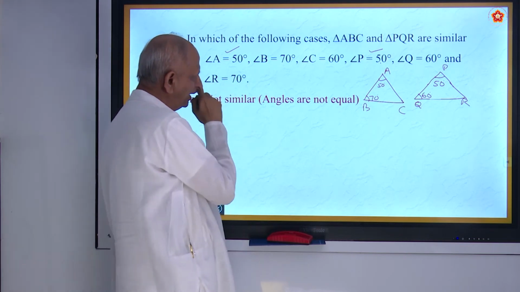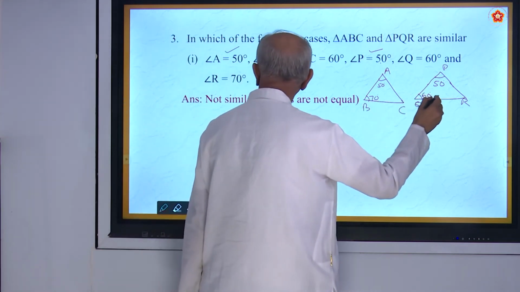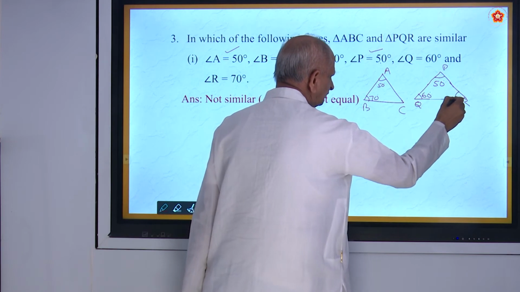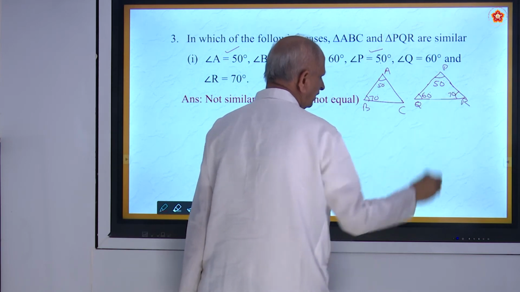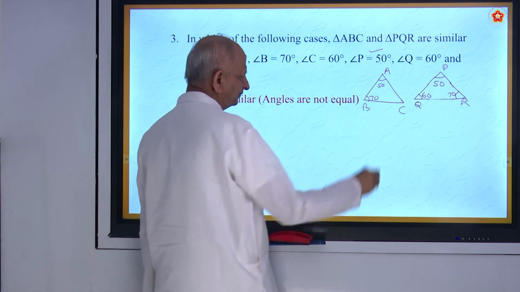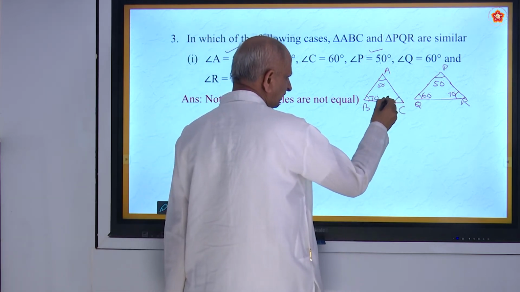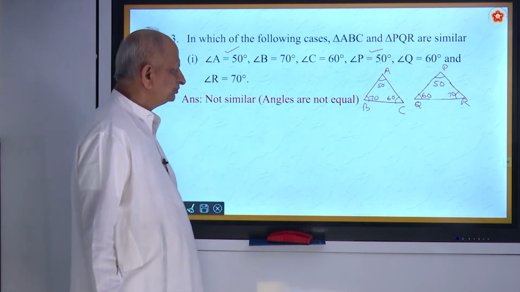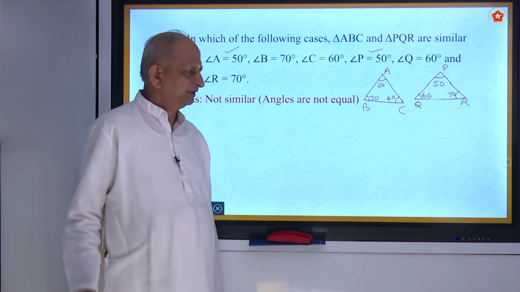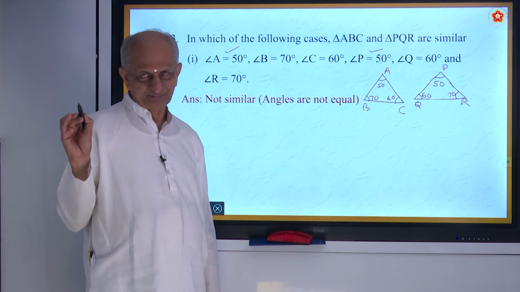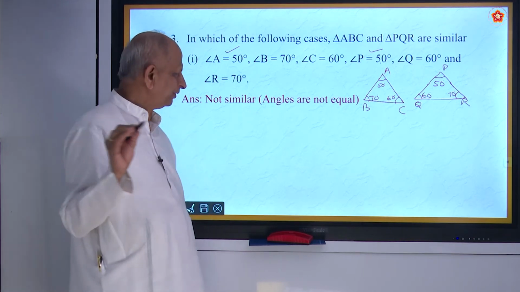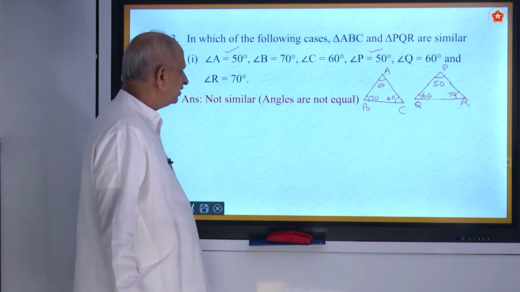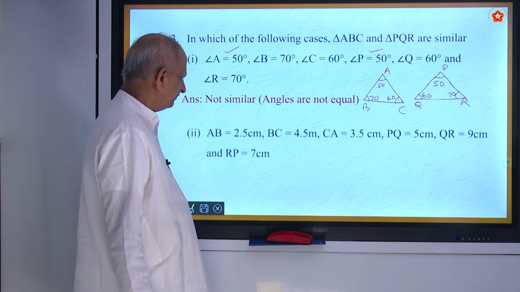Similarly, angle R is given to be 70 and C should have been 70, but it comes to 60. So, therefore, you can say they are not equiangular, and therefore the two triangles are not similar. That is the first case.